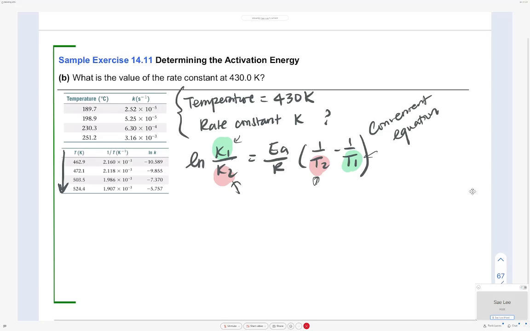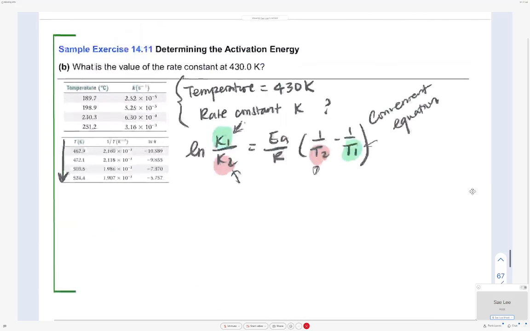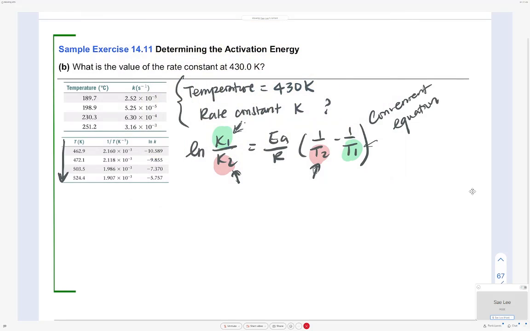We will plug in these to find out the rate constant K1. What we're going to do is pick a random K2 and pick a random T2. So I'm going to just pick this rate, and then this temperature.